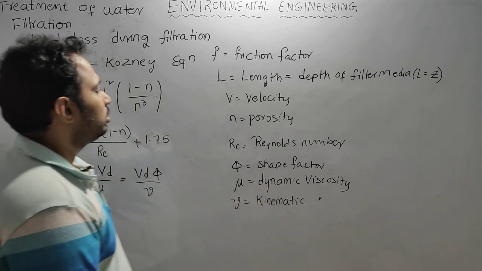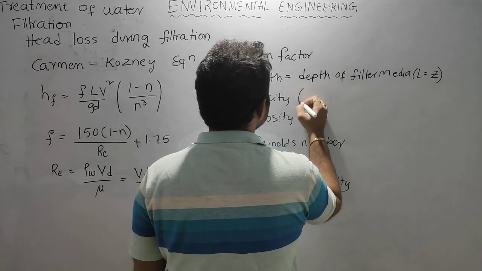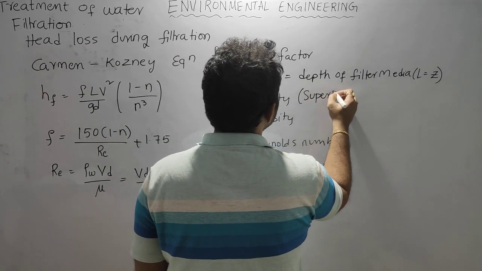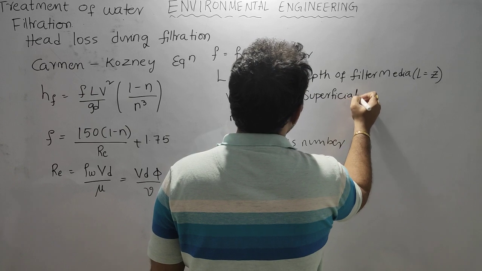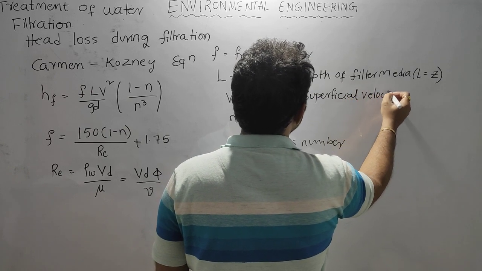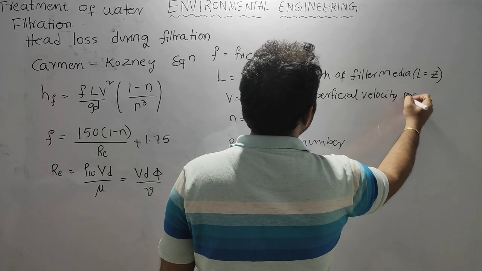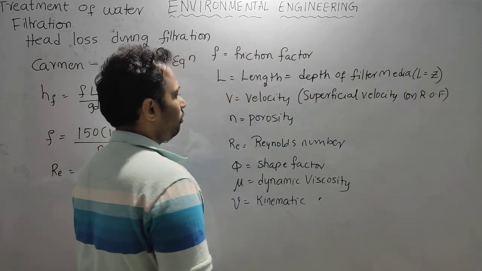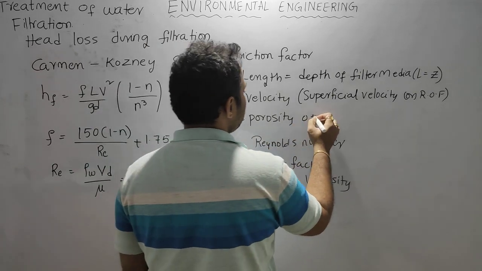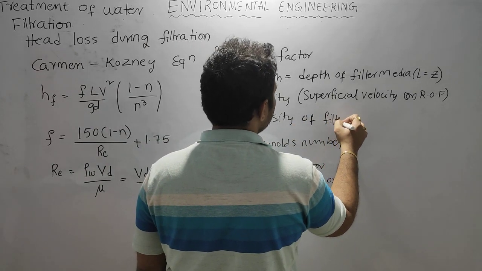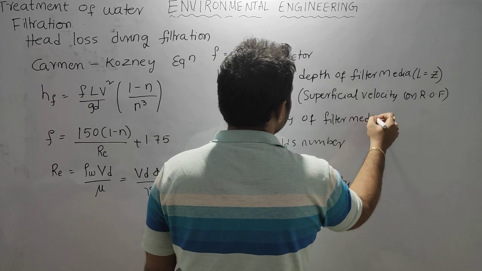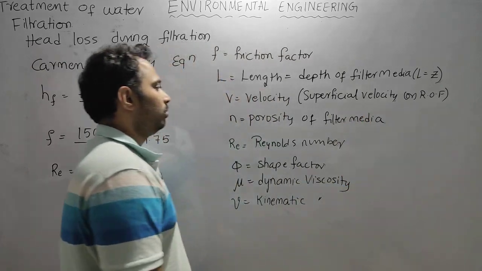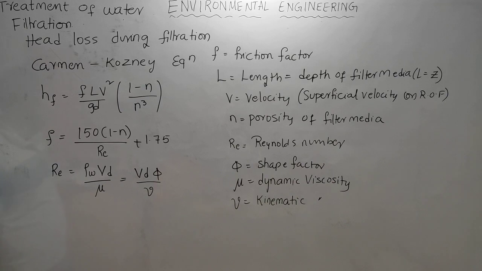N is the porosity of the filter media, phi is the shape factor and d is the diameter of the sand grains.